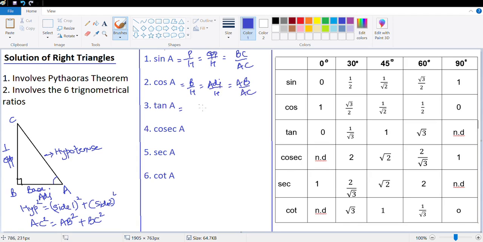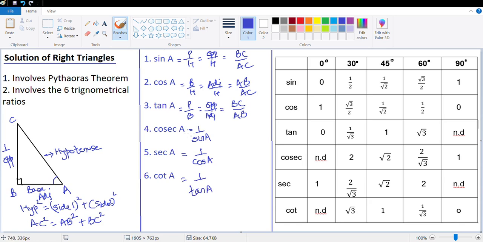Tan A, the third ratio, is perpendicular upon base. Perpendicular is also known as opposite, base is also known as adjacent. So in this case, BC upon AB. The other 3 are the reciprocal relations of the first 3. So cosec is reciprocal of sine, sec is reciprocal of cos, and cot is reciprocal of tan.